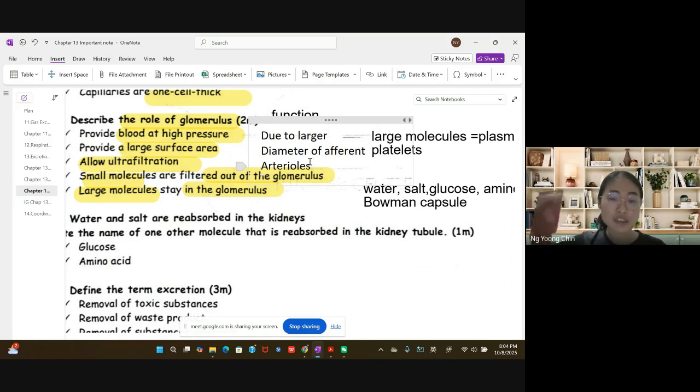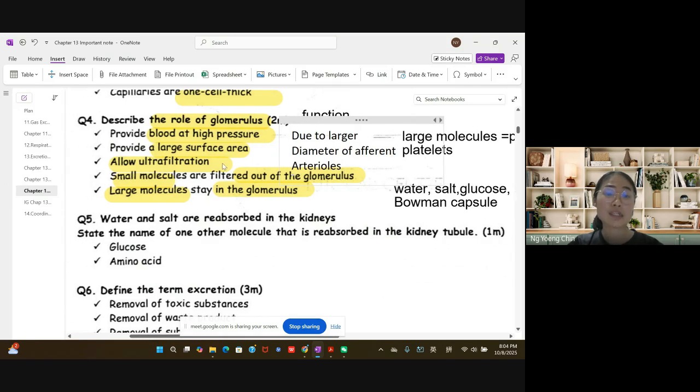Due to this feature, the blood can be transported at a very high pressure, and plus this blood originated from the renal artery. Arteries always transport blood at much higher pressure, and they also have small loops, so they provide a very large surface area. So they allow ultrafiltration to occur.